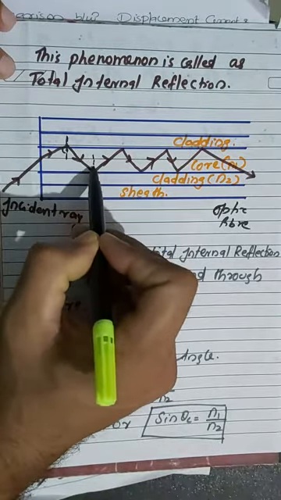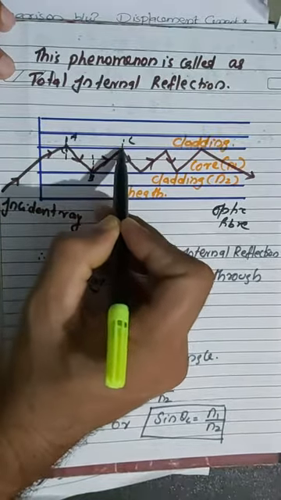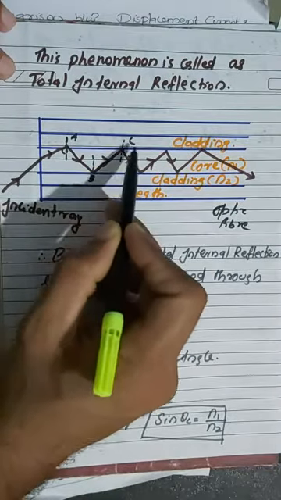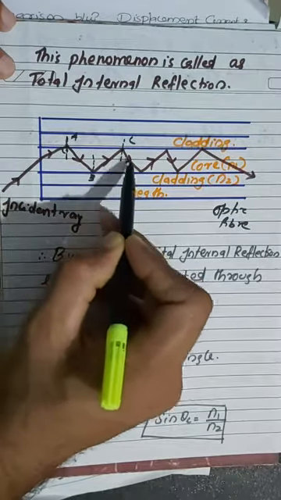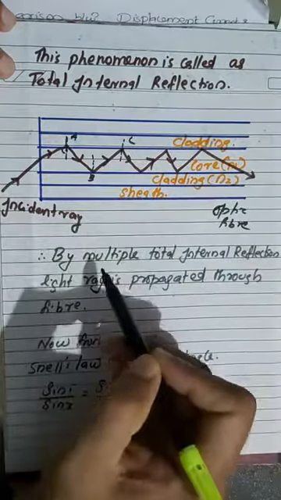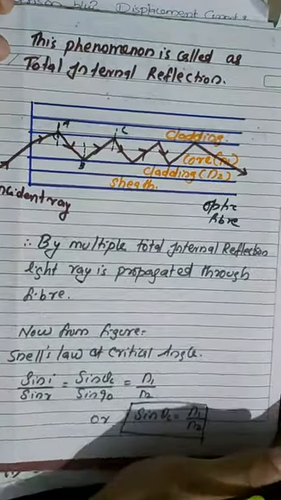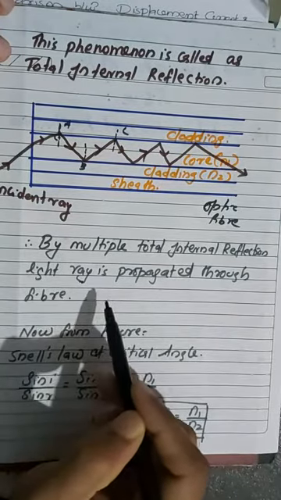This is point A, this is point B, C. If the angle of incidence at points A, B, C and so on is greater than the critical angle, it will undergo total internal reflection and propagate through the core. So by multiple total internal reflections, the light ray is propagated through the optic fiber. This is the working principle of optic fiber.